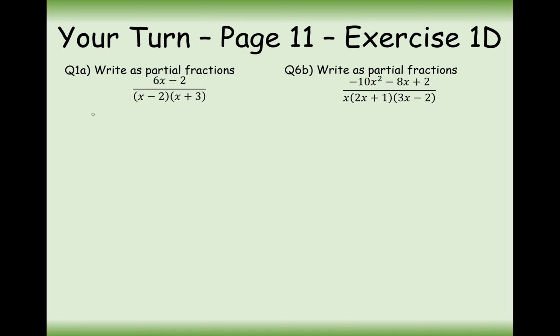Alright then, let's have a go at the second one here then. So what we need to do first is split this up into partial fractions. So it's going to be a over x minus 2, add b over x plus 3.